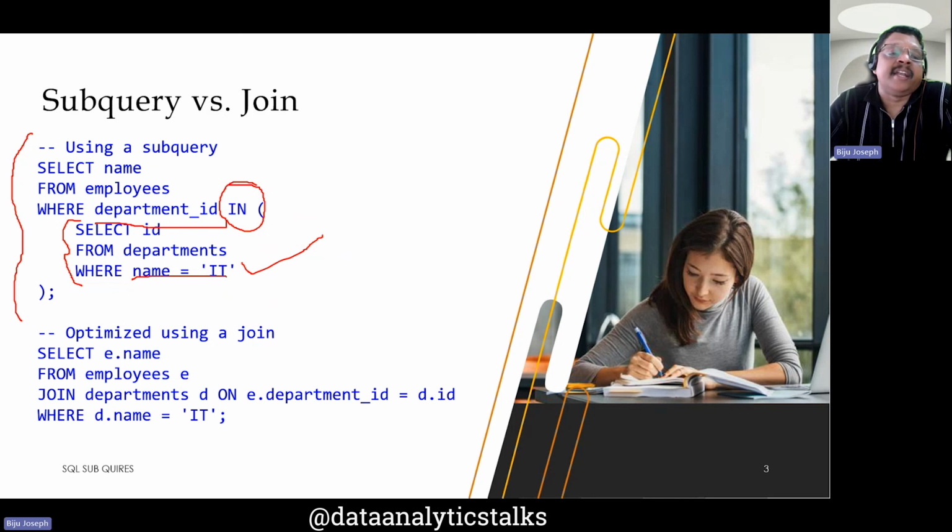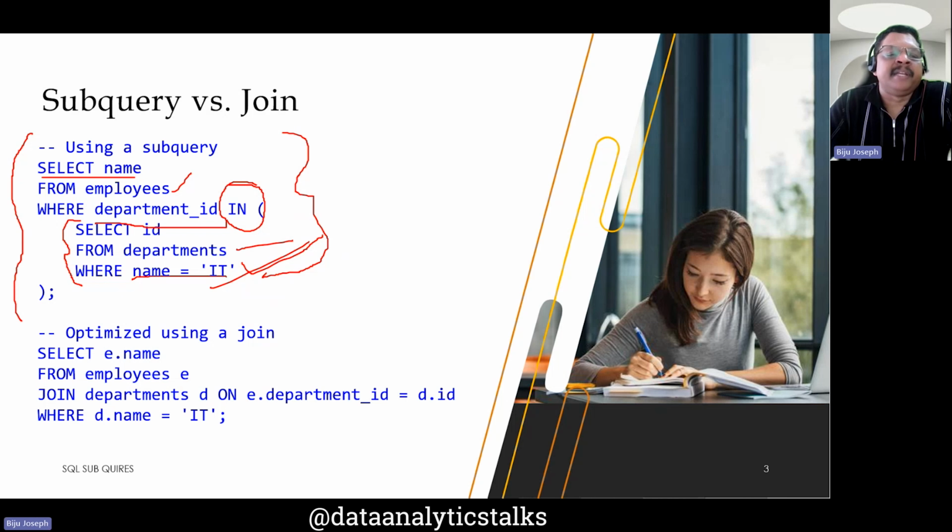This subquery will return the ID of the department called IT from the department table. And in the outer query, we say select name from employee where department ID in the subquery. This is the subquery implementation to find employees belonging to the department called IT.